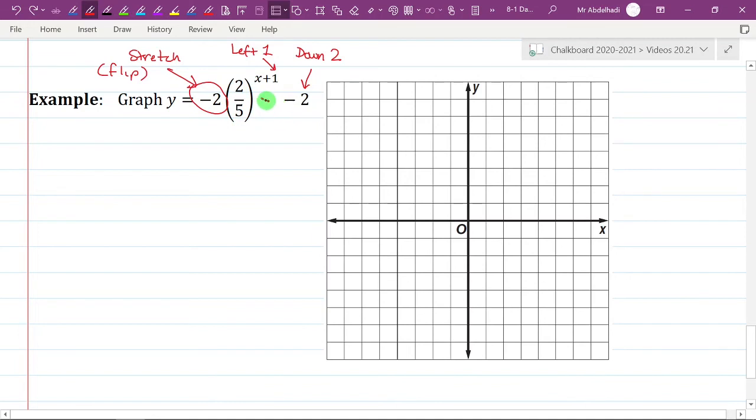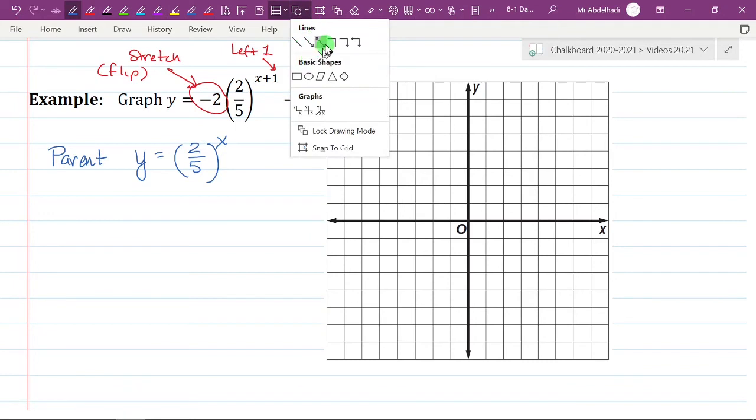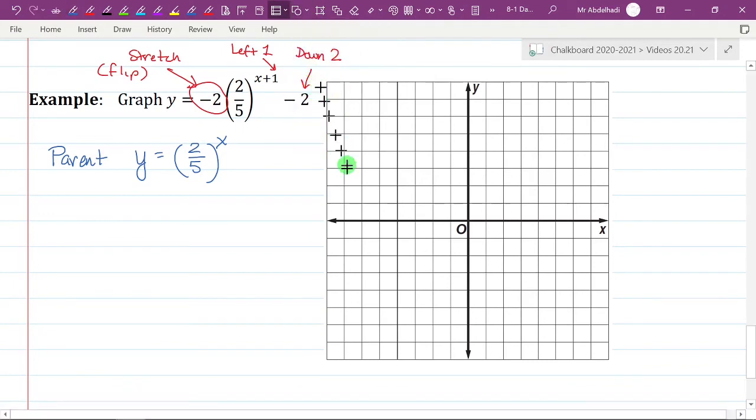Okay, so if you take away all of the shifts and flips, your parent function, your basic function that you're going to make a table for, is simply y equals 2/5 to the x. That's all we're going to worry about with the table. The rest of the stuff we'll put on in different ways. Like for instance, the down 2, we'll take our ruler here and go down 2 from the x-axis and make a new x-axis down here.